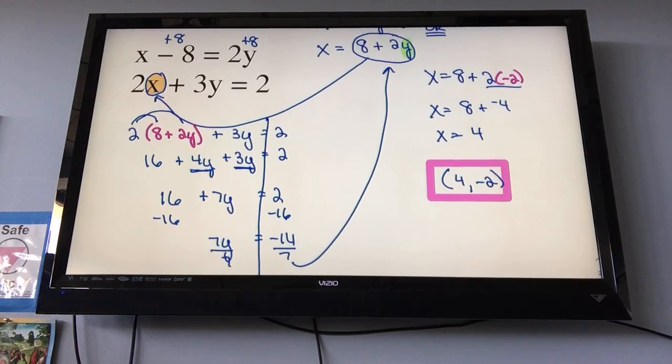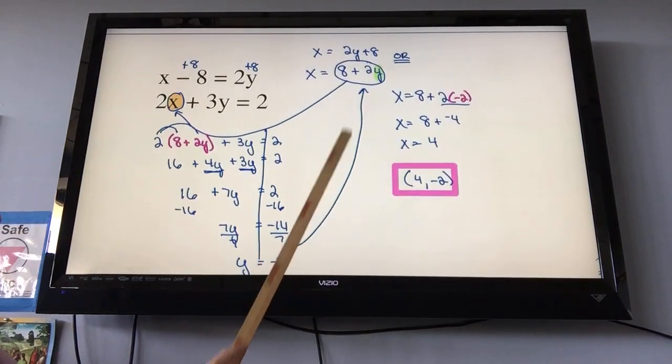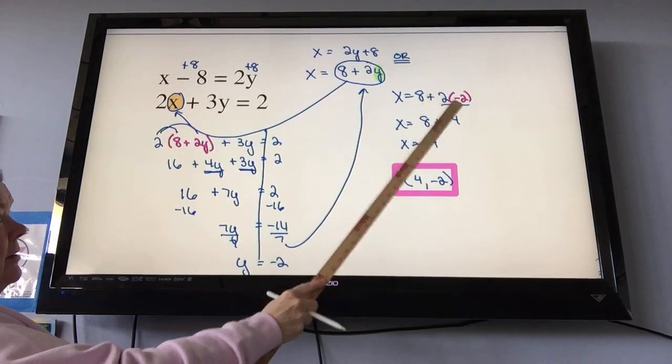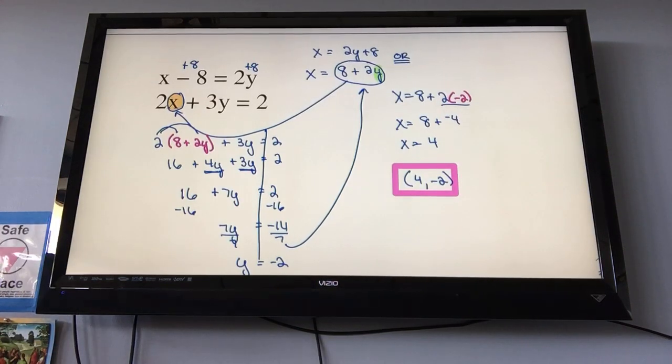Why are we dividing or multiplying 2 by negative 2? Because my y is negative 2. Oh, okay. My y value is negative 2, so I go back up here, and where my y is, I put a negative 2. Oh, okay. And then I just calculate that. I can just punch that directly into my calculator or work it out by hand. Makes sense.